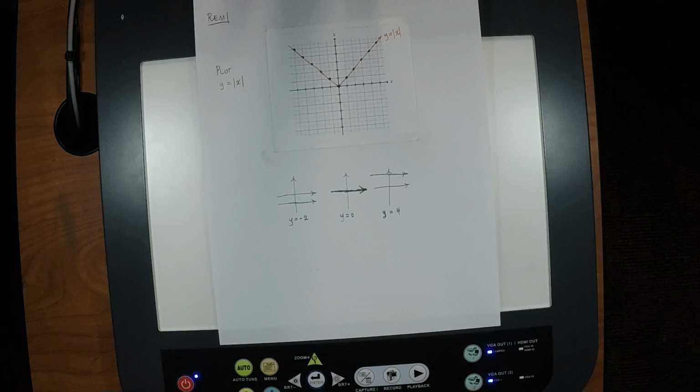Okay, fine. Now, the question that I want us to consider is what if we have a plot that has absolute value and also one of those lines.